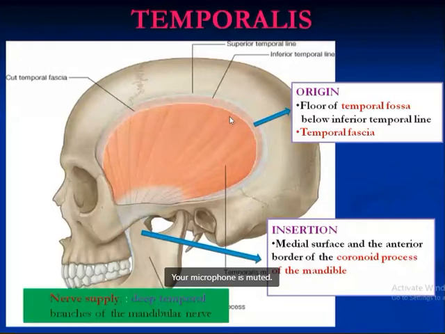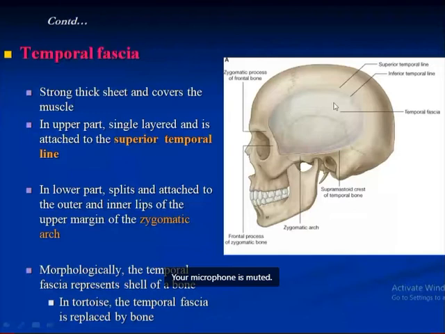Nerve supply is by the deep temporal nerve. Now, next one is the temporal fascia. The temporalis muscle is covered by one fascia, which is known as the temporal fascia. This is a strong, thick sheath which will cover this muscle, and this will arise from the supratemporal line. One thing you have to remember: the temporal fascia arises from the supratemporal line, and the temporalis muscle originates from the infratemporal line.